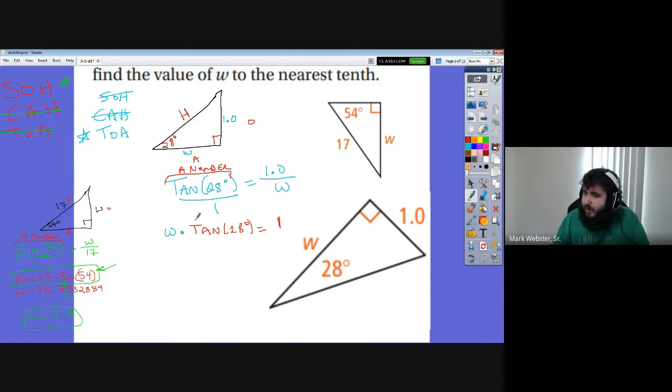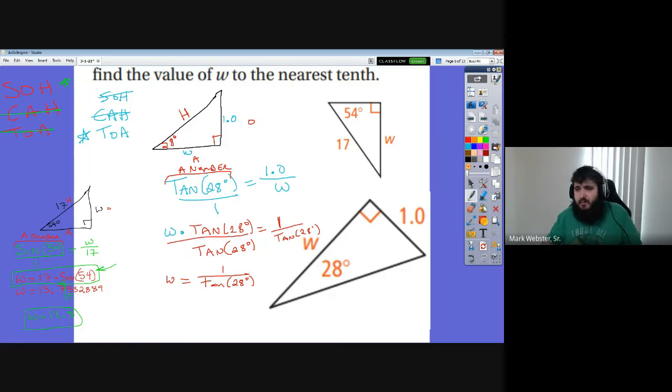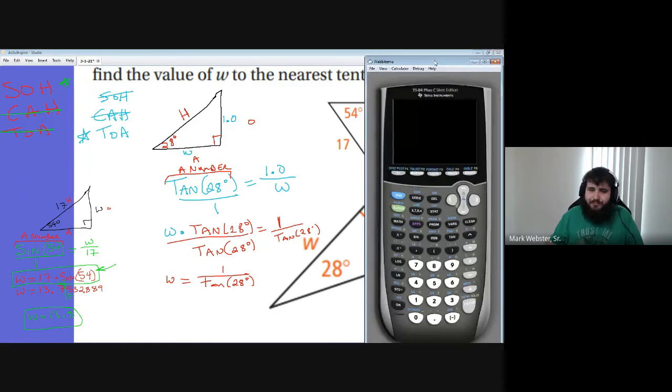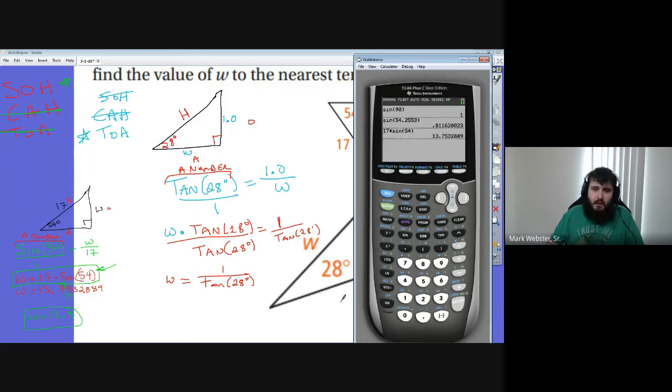Well, now we want to get W by itself. So we're going to take the number tangent of 28 and divide it over to the other side. So what am I left with? I'm left with W equals 1 over the tangent of 28 degrees. And that's what I'm going to try and do in my calculator here. And once again, see how I wrote it out?